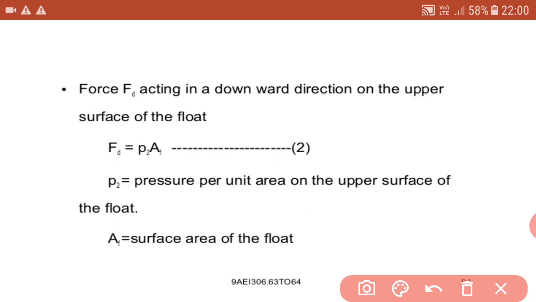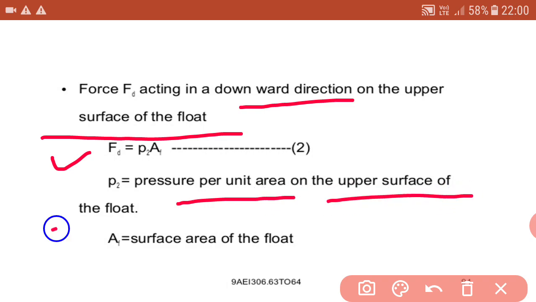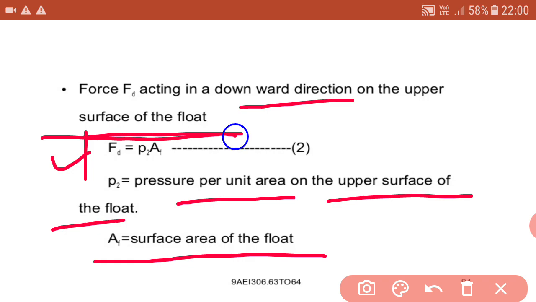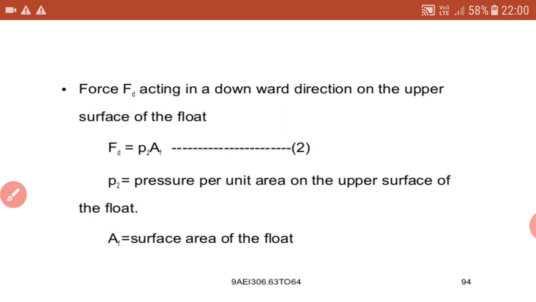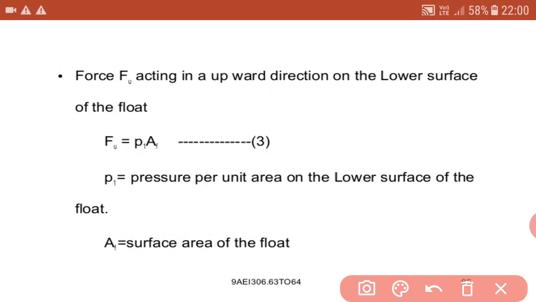Force Fd acts in the downward direction on the upper surface of the float. This force is given by Fd = P2 × Af, where P2 is the pressure per unit area on the upper surface of the float and Af is the surface area of the float. Another force, Fv, acts in the upward direction on the lower surface of the float.